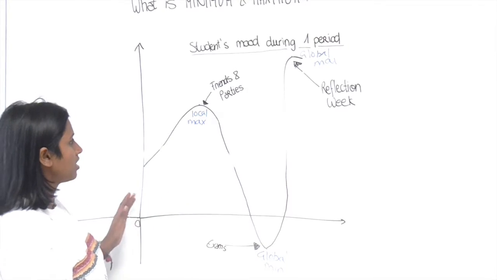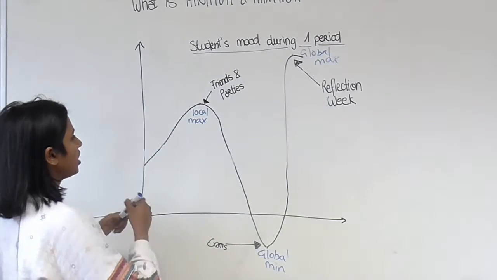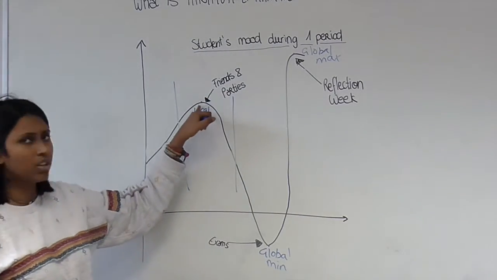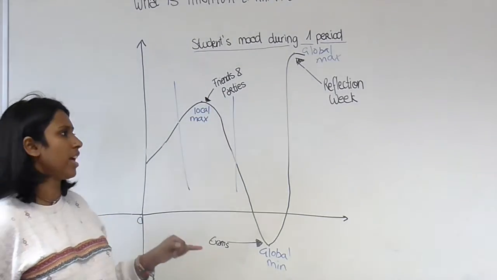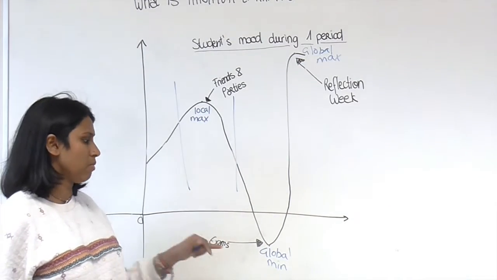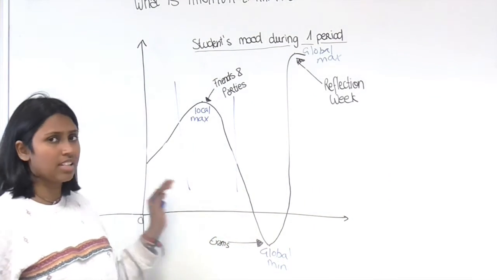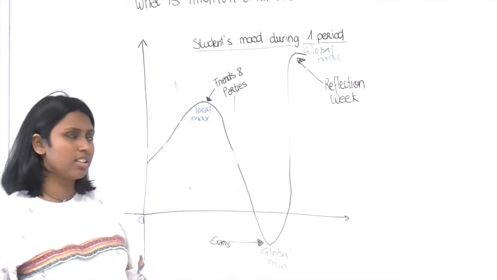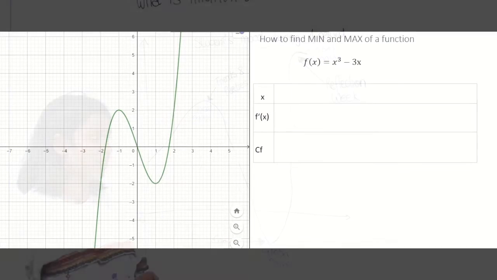But if we consider this particular region, then this point will be your maximum, so that becomes the local maximum. Whereas here within the entire graph, this is the lowest point, which is considered the global minimum.